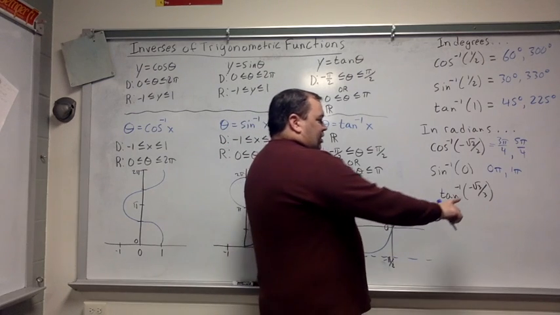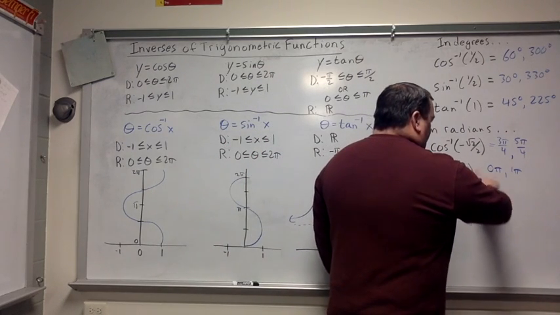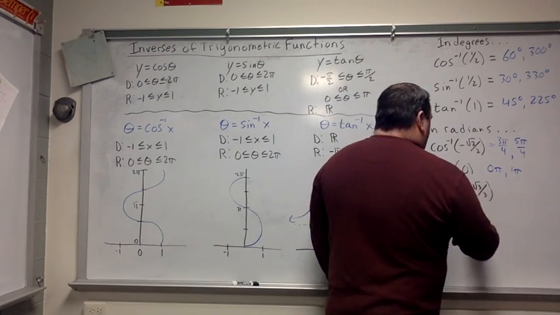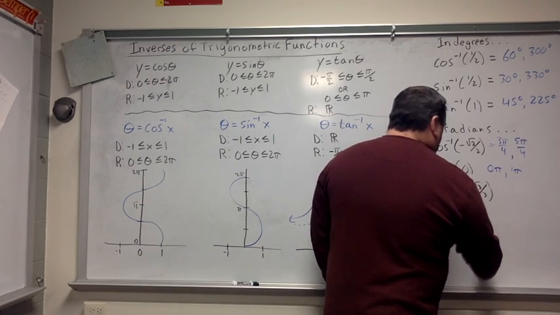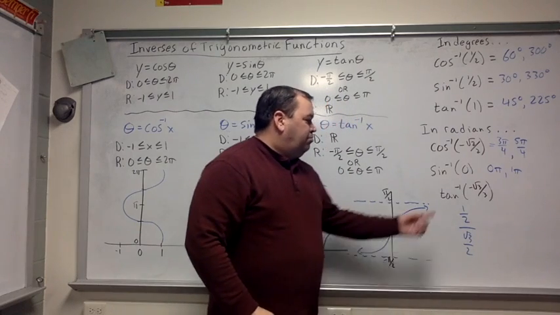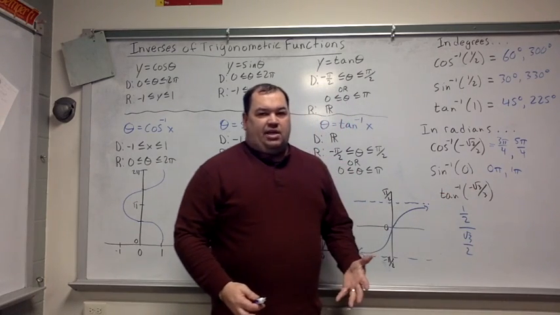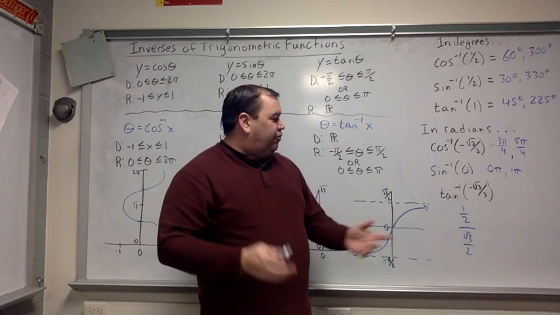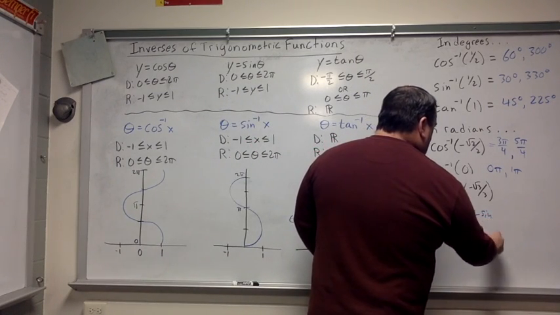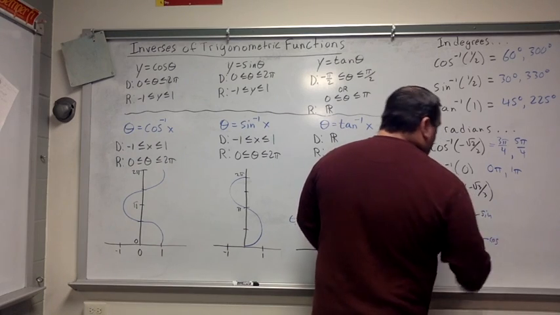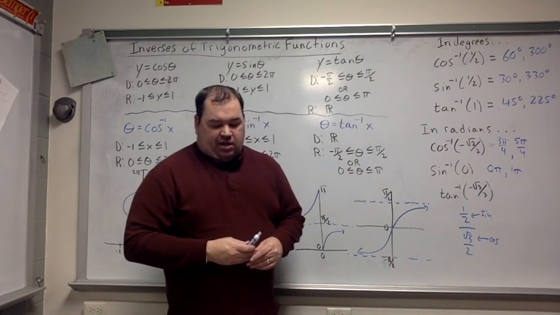And then this one can be kind of confusing. In order to get this, I have to have a 1/2 on top, a √3/2 on the bottom, but one of them has to be negative. So I'm looking for those two numbers. This is my sine value, this is my cosine value, but one of them has to be negative.